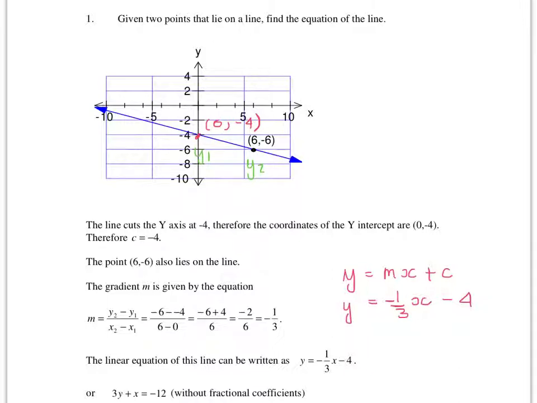So the equation of the line is y is equal to -1/3 x minus 4. To rewrite it without any denominators, I can multiply all terms by 3, so it would then become 3y equals -x minus 12. It's exactly the same thing, just multiplied by 3.